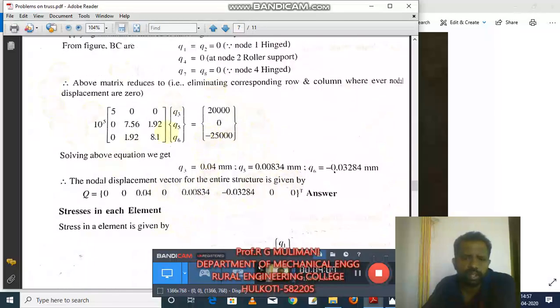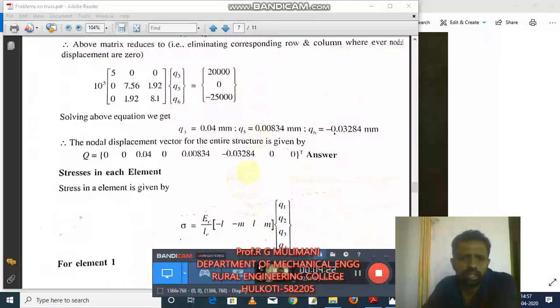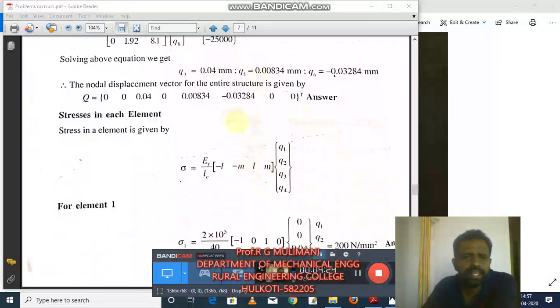These are the nodal displacements. q1, q2 is 0, q3 is calculated here, q4 is 0 because there is a roller support, q5 is calculated here, q6 is calculated, q7, q8 as they are fixed, values are 0. Now nodal displacements are calculated.